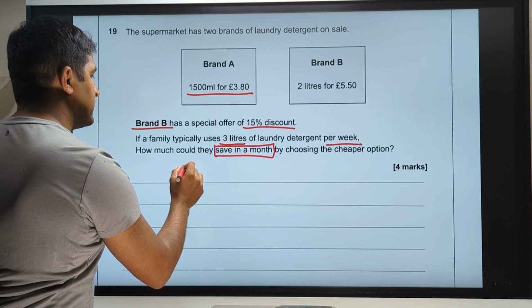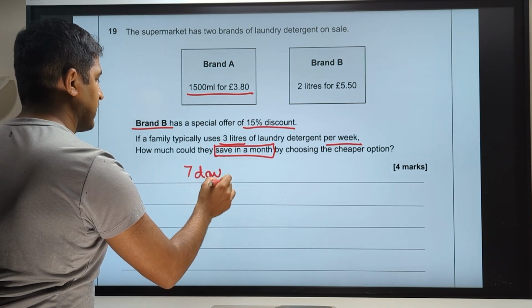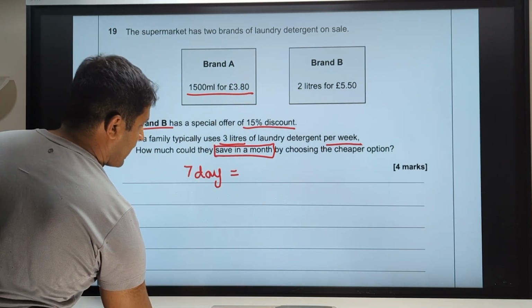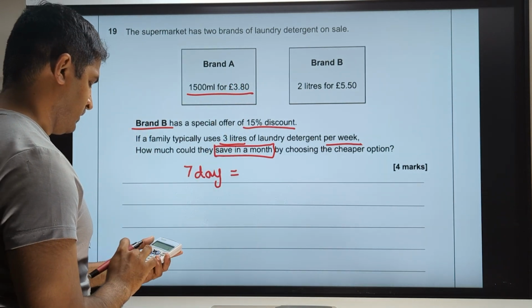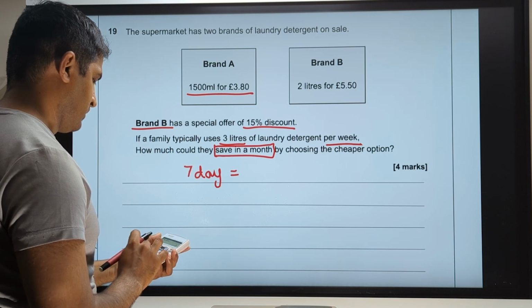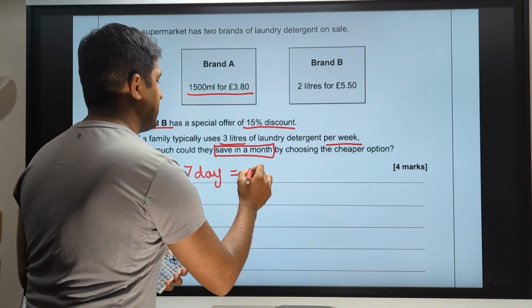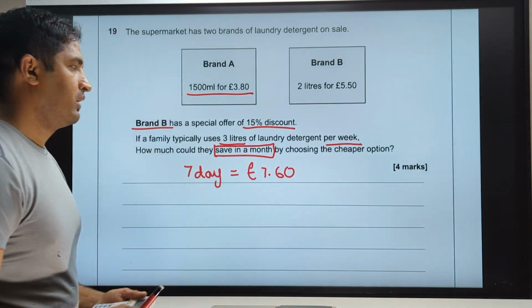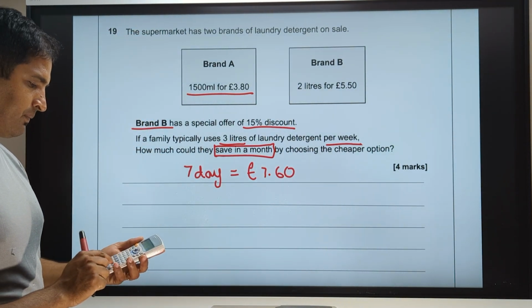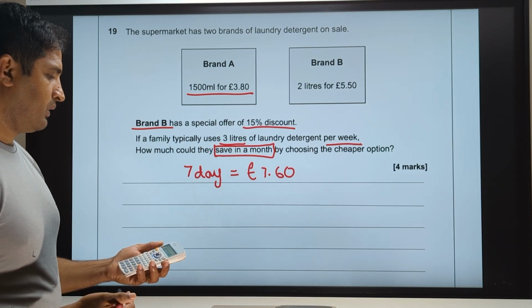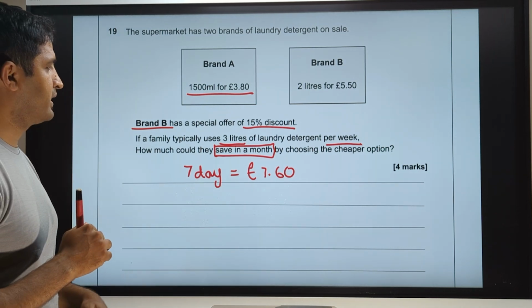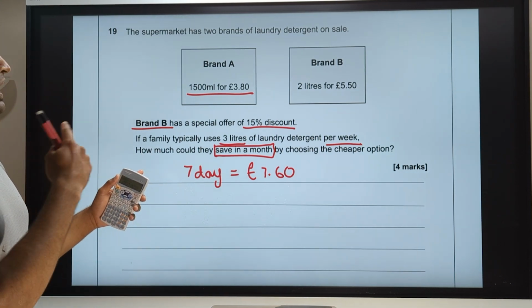So in the 7 days, you got 3.8 times 2. So we get £7 and 60p in the 7 days, okay? So divided by 7, and we get 1.085714286. And then we multiply by 30.